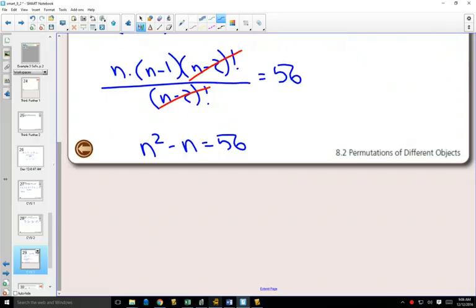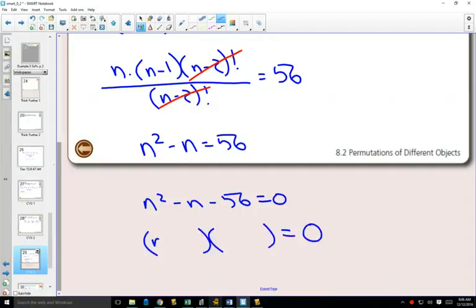So we have to make it equal to 0. And factor it, and we get 2 answers, whereas our guess and check method only gave us 1 answer.